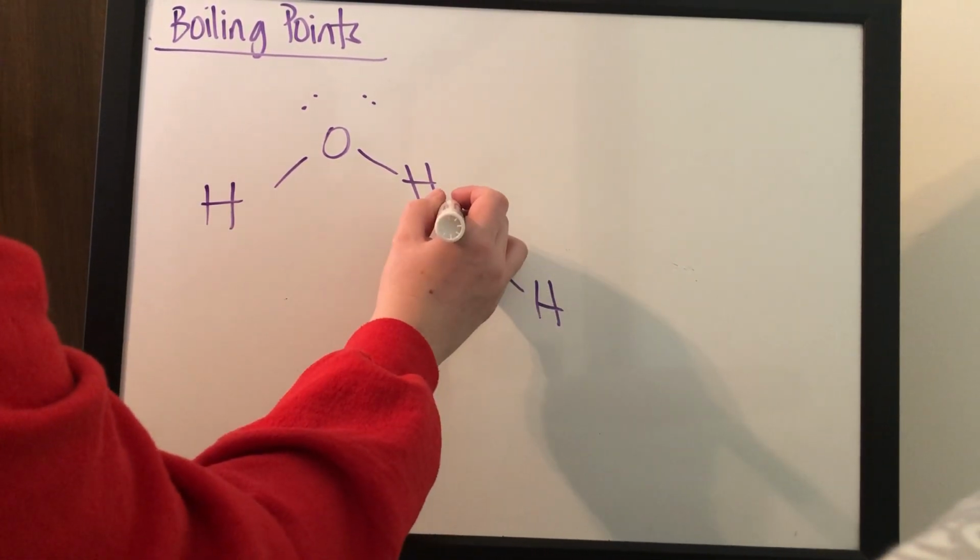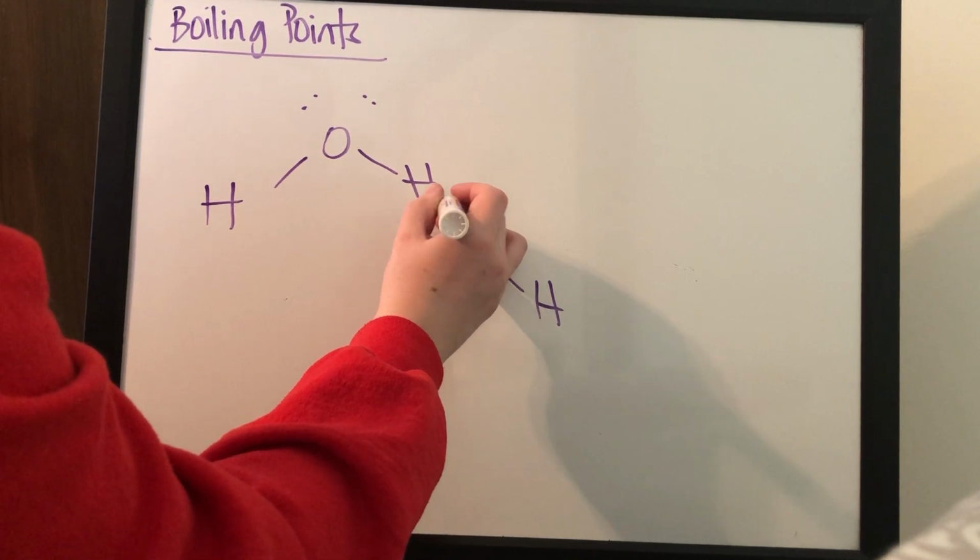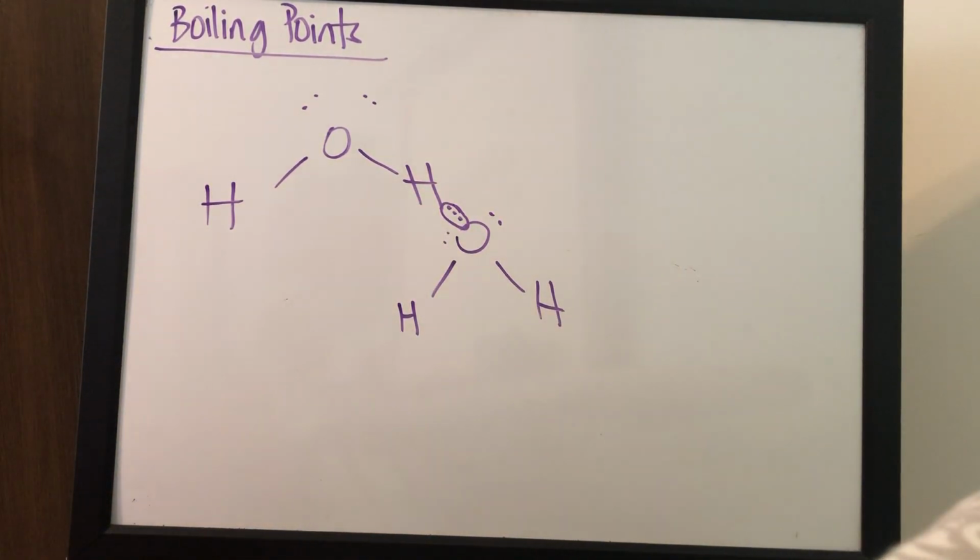Here's my hydrogen bond. Okay. All right, so if you're going to talk about boiling a substance, we'll talk about water. The question is, what are you actually doing? And if you're going to boil a substance, you are going to break its intermolecular forces.